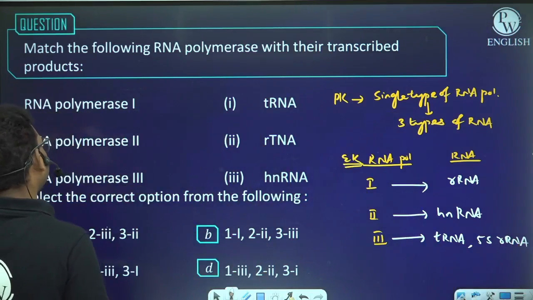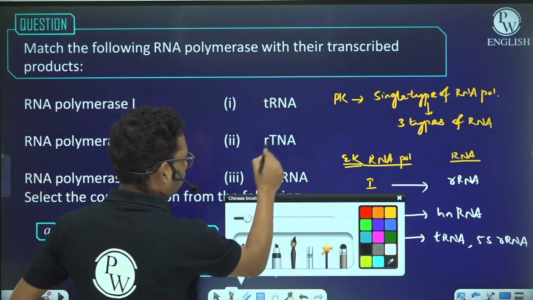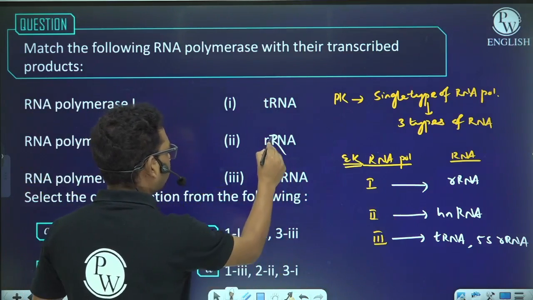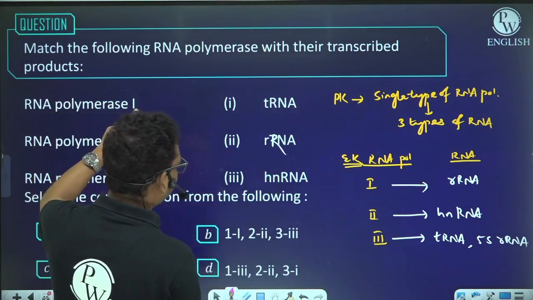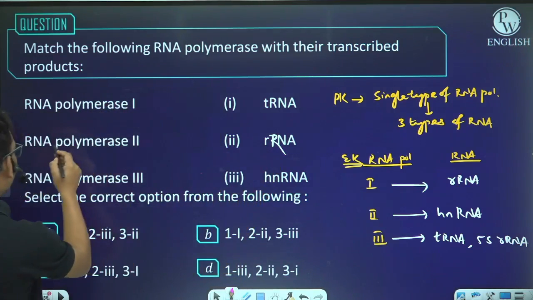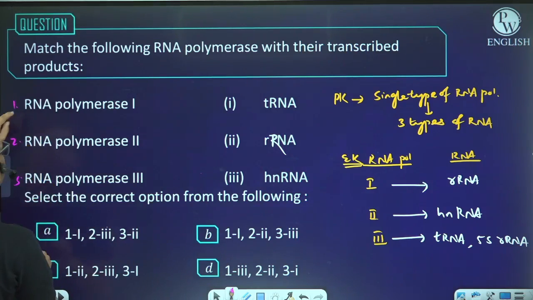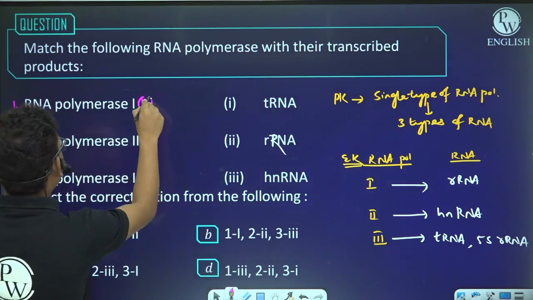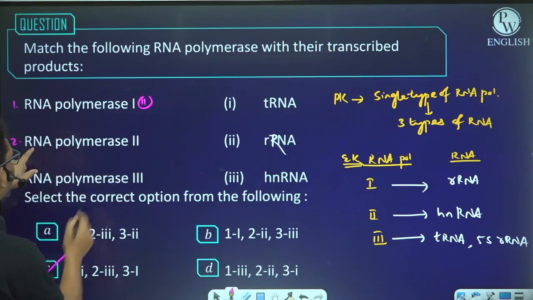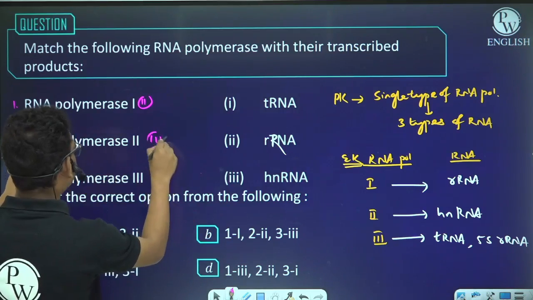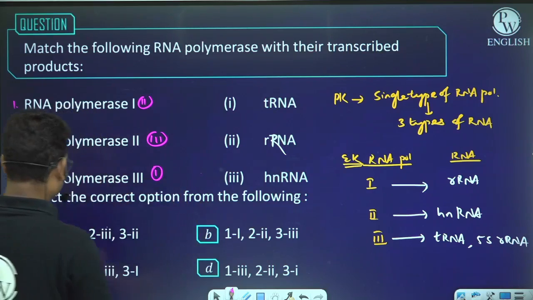So the answer: RNA polymerase 1 is rRNA, RNA polymerase 2 is hnRNA, and RNA polymerase 3 is tRNA. So this is the answer.